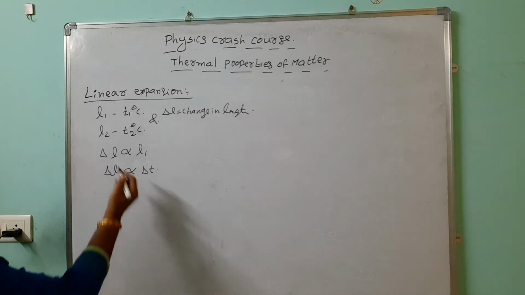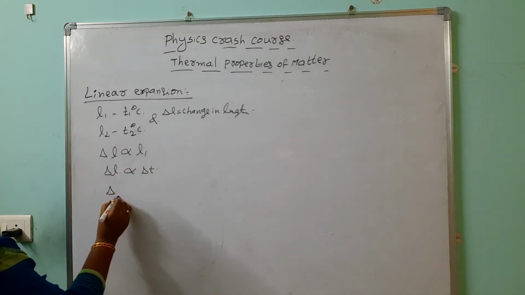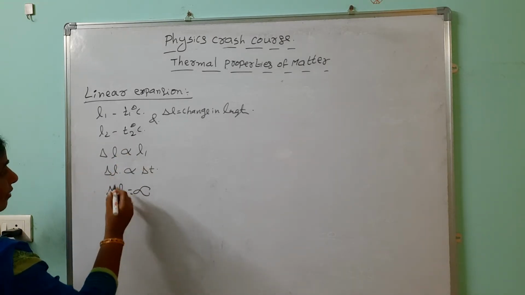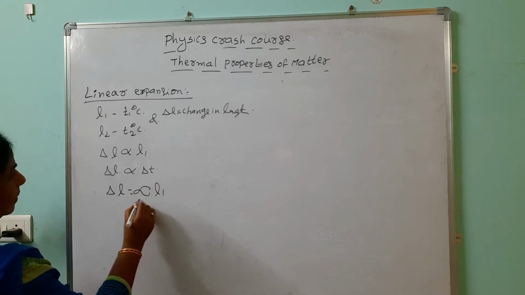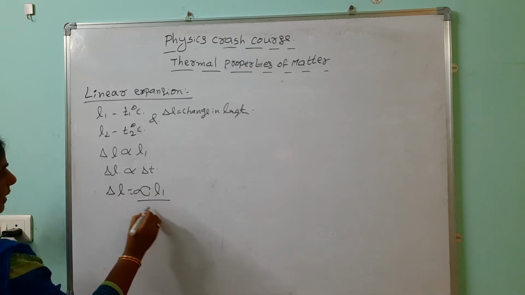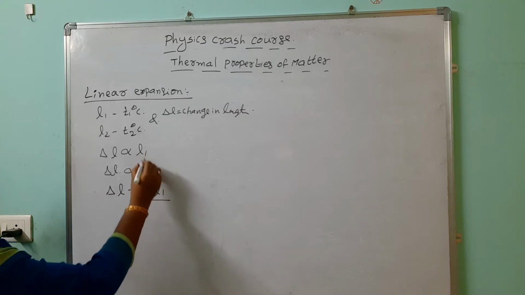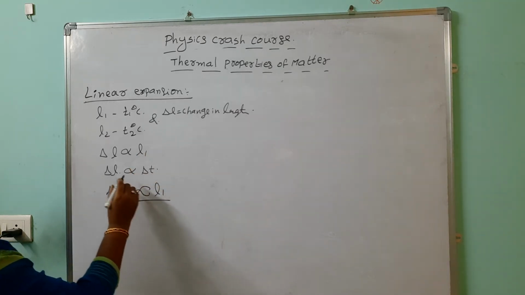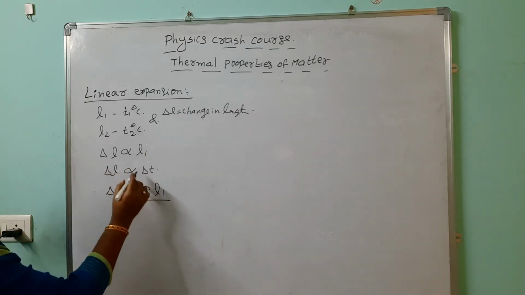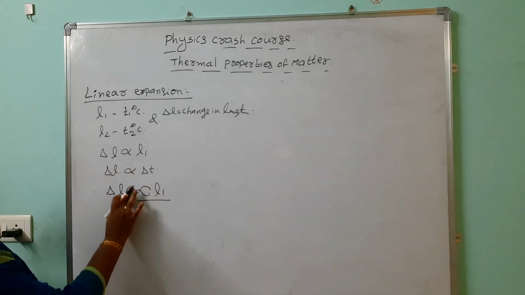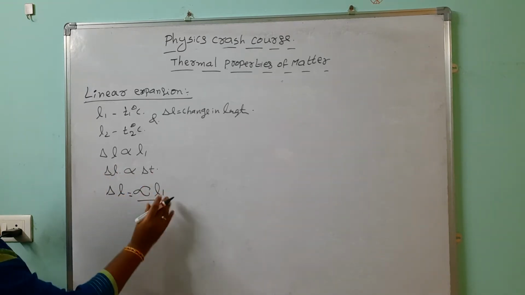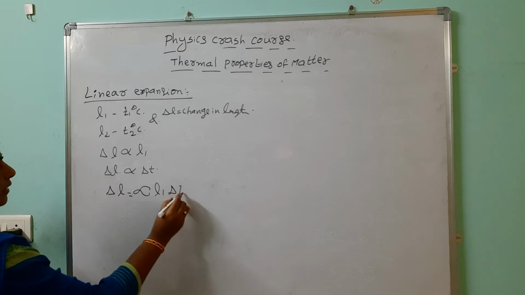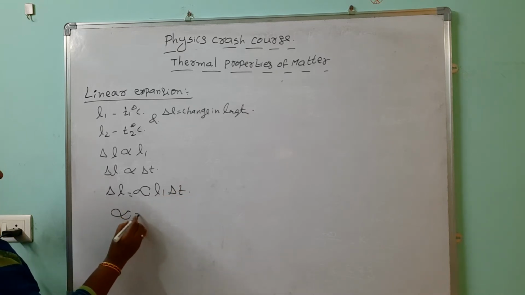Then come to the next one. When you combine, you get one proportionality constant alpha, into L1 into delta T. So these two are directly proportional to this one. When you combine, delta L equals alpha into L1 into delta T. From this, alpha equals how much?